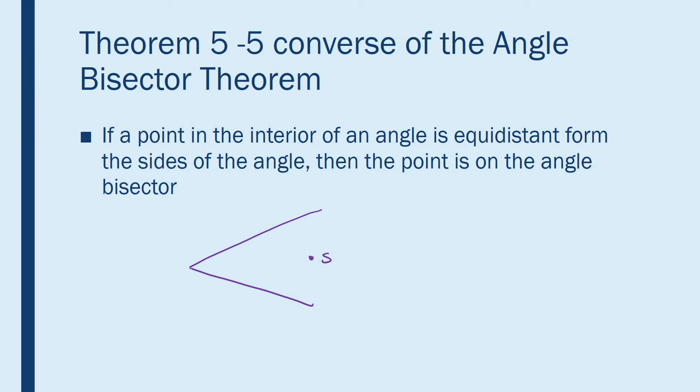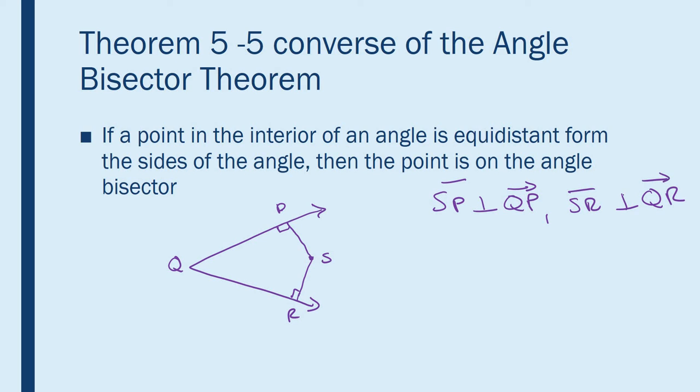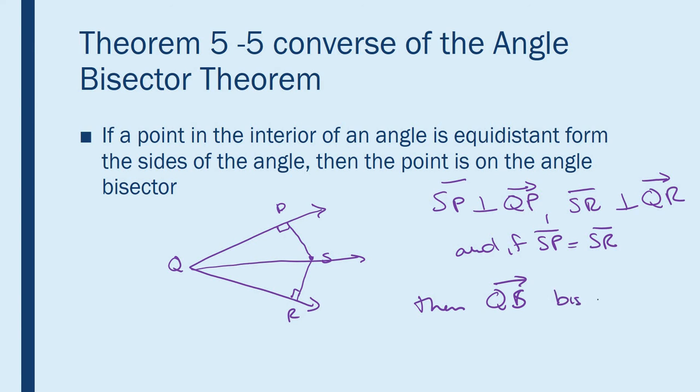So if I call this S, and this is my angle again, so if I draw a perpendicular distance to measure the distance, and if I say that SP is perpendicular to QP, I know that I'm measuring the shortest distance then, and SR is perpendicular to QR, so I know that I'm measuring the shortest distance, and if SP equals SR, then QS bisects angle PQR. Okay, so the converse.